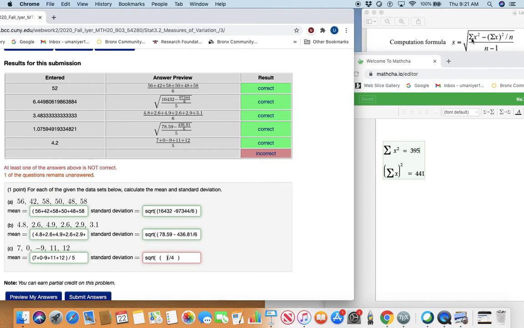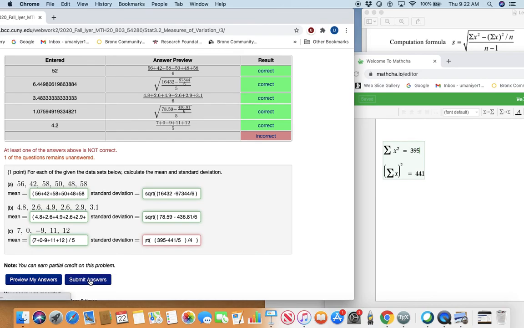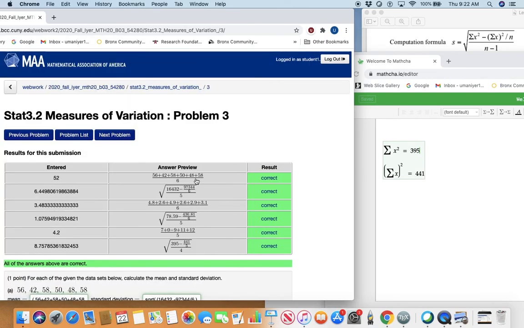What's the first thing? Summation x squared. Summation x squared. So 395 minus summation x power 2, 441 over 5. Okay. Make sure you have all the parentheses in place. That's done.